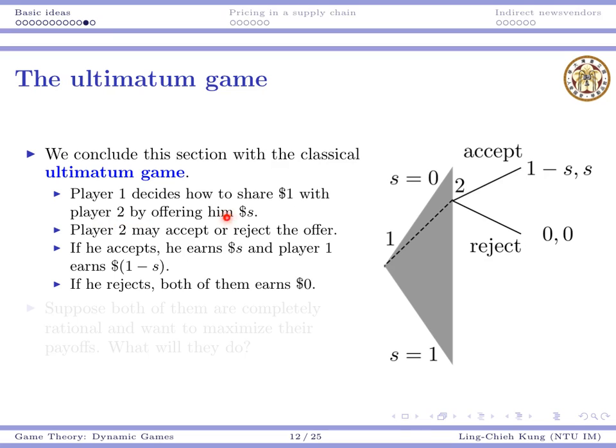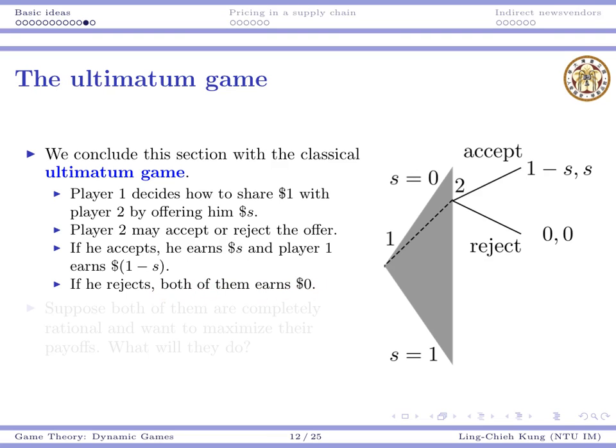So player 1 is going to choose a share, S, a number between 0 and 1, and then player 2 will accept or reject the offer. If player 2 accepts, player 2 will get S dollars and player 1 will get the remaining part, 1 minus S. If player 2 rejects, none of them will get anything.